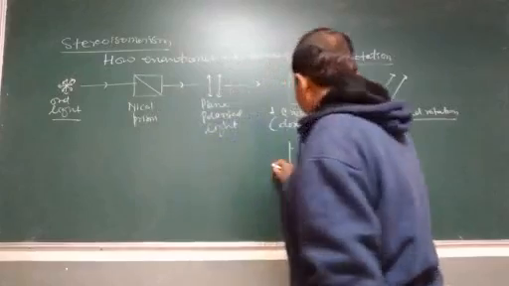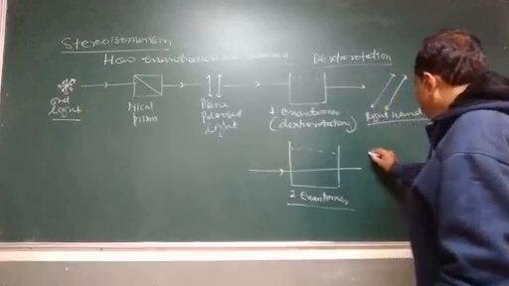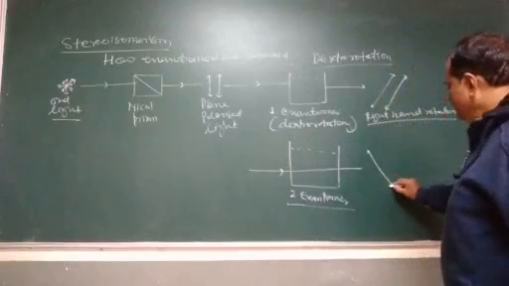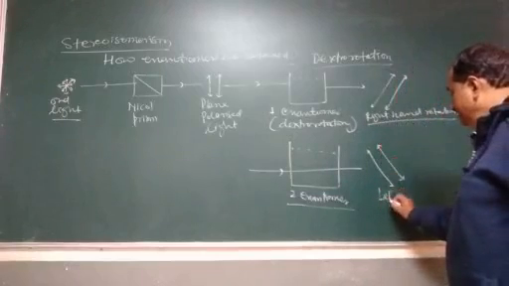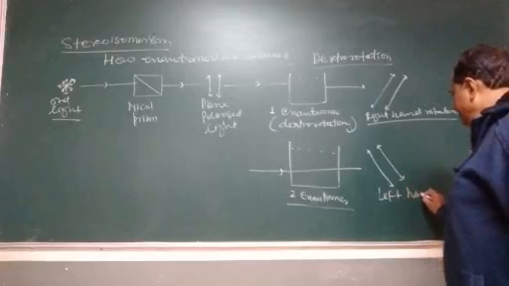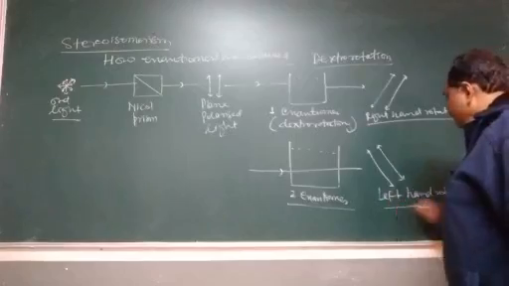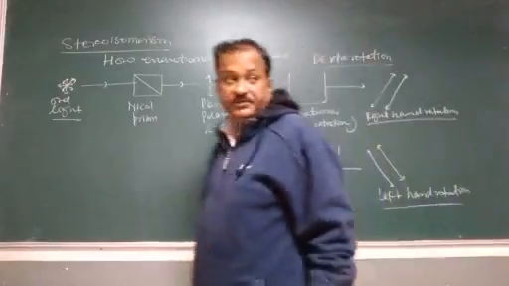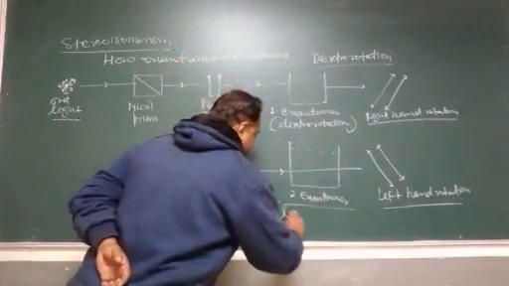Now, in this condition, when we pass plane polarized light, it will rotate toward the left side, left-hand rotation, and it is said to be levorotatory.